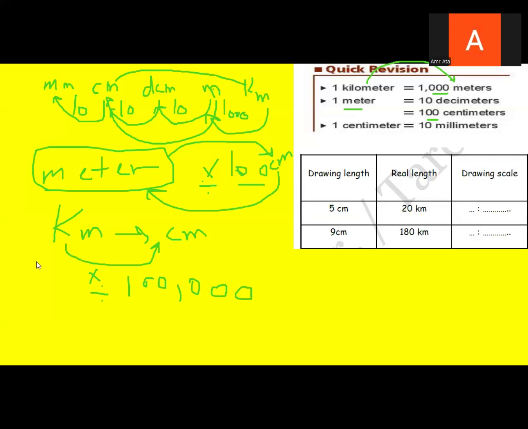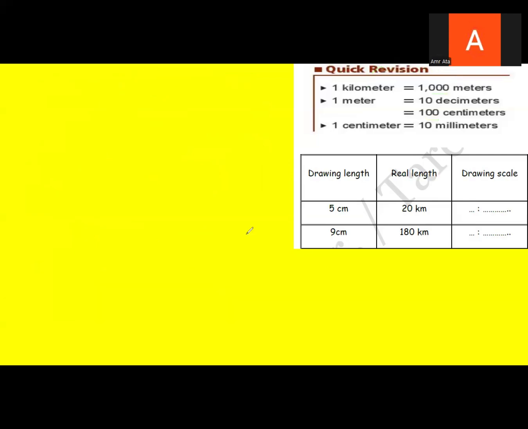Okay. Let's know the way to find the scale drawing. He gives me a table, drawing length, real length. He wants to get the drawing scale or scale drawing. We know scale drawing, right? Or written like that, 1 to 100, 1 to 50, 100 to 1, and so on.